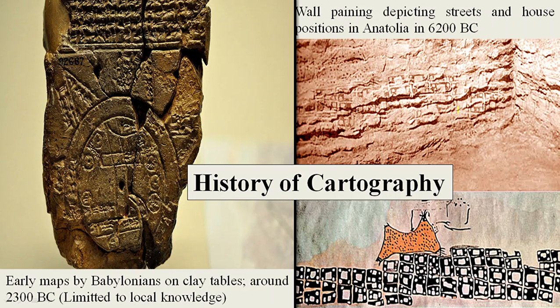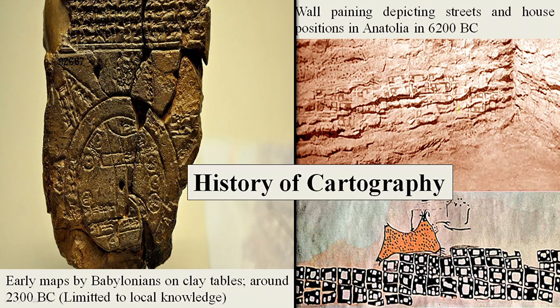However, some believe that it's not a map. These are just leopard skin or some paintings drawn on a wall. But many historians believe that it's a map, showing the streets and house positions of that particular area in Anatolia. One more is the clay tablets of the Babylonians.